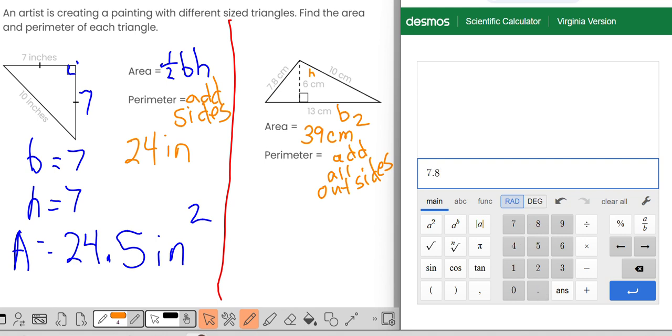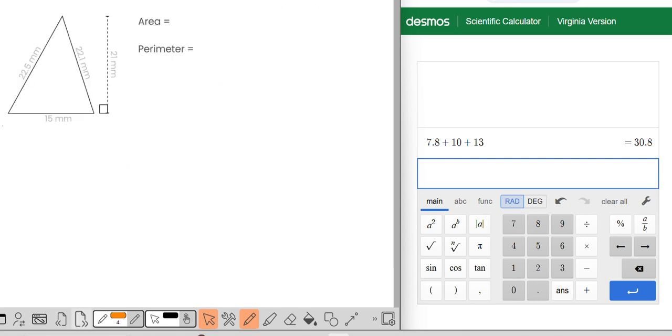And 10 and 13. So your perimeter, let's check it again. 7.8 is here, 10 is here, and 13 is here. So that perimeter will equal 30.8 centimeters. All right, so that's how you find the area and perimeter for triangles.